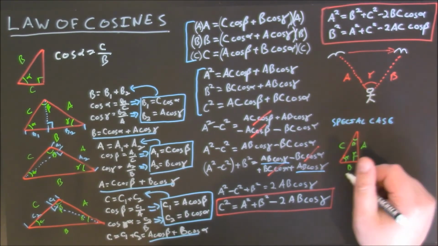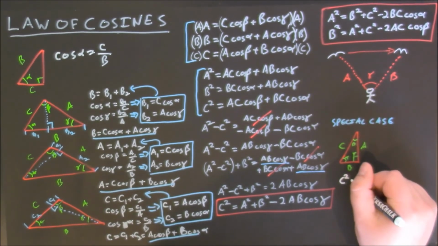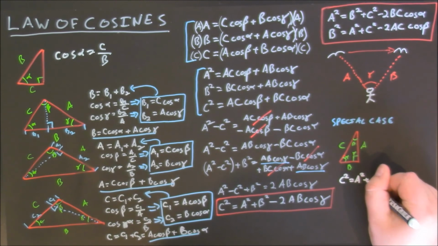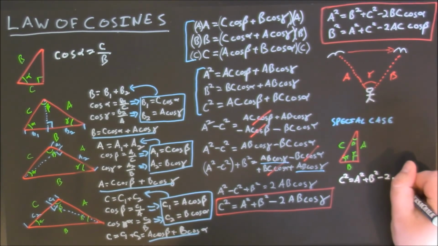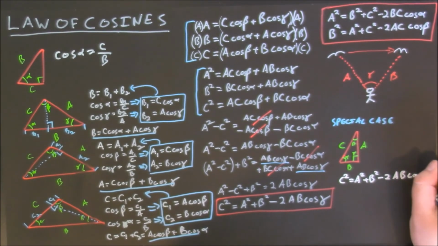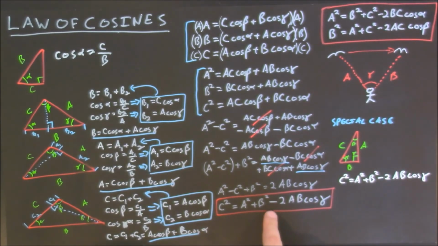So we get that C squared is equal to A squared plus B squared minus 2AB cosine gamma. So all we did was apply this equation to this triangle here.